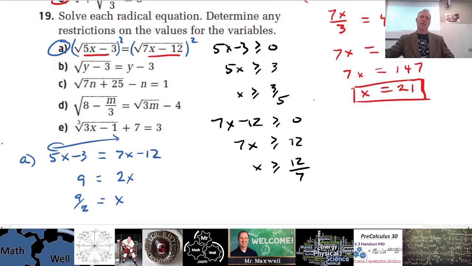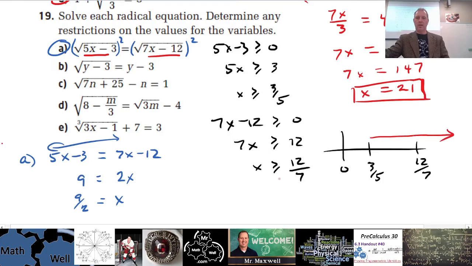Over 7. So on a number line, 3/5 is right here. 12 over 7, that's way more than 1, right? So 12 over 7 is over here. You know that x has to be greater than 3/5 and also greater than 12 over 7. So it can't be in here. So the overall restrictions for the question are x must be greater than or equal to 12 over 7.